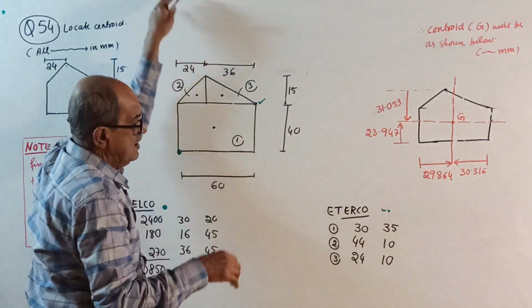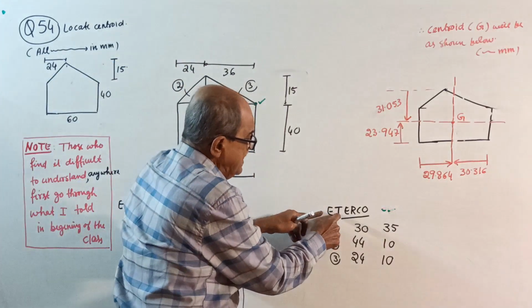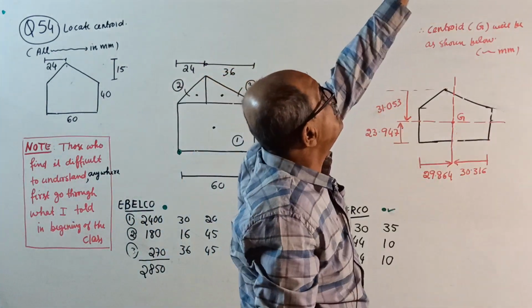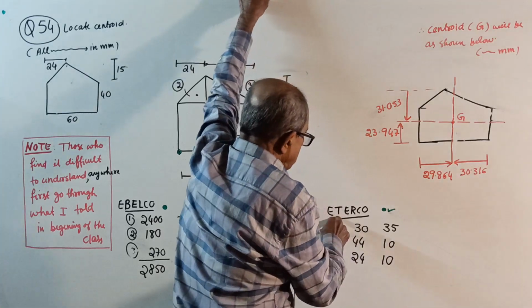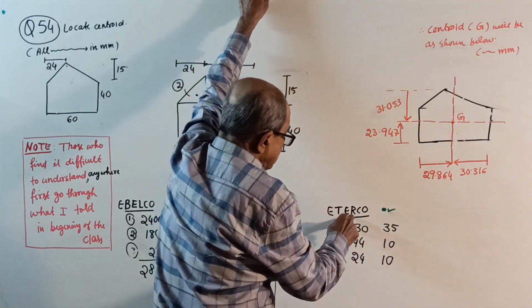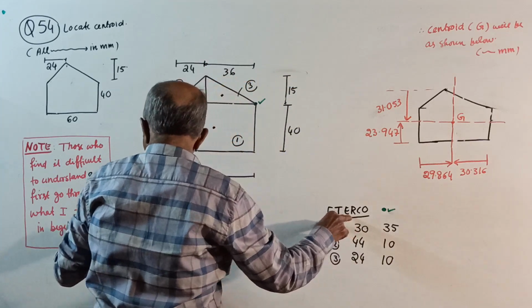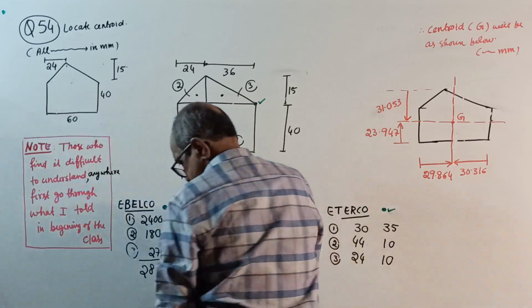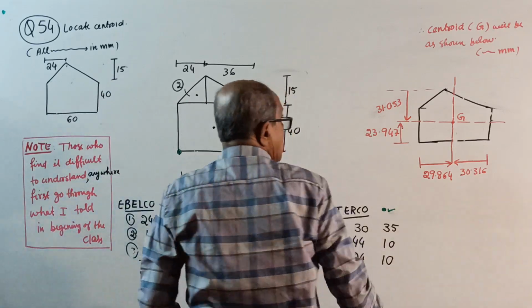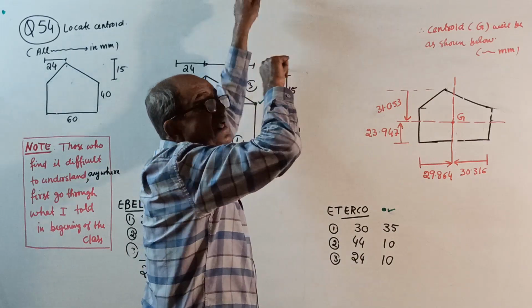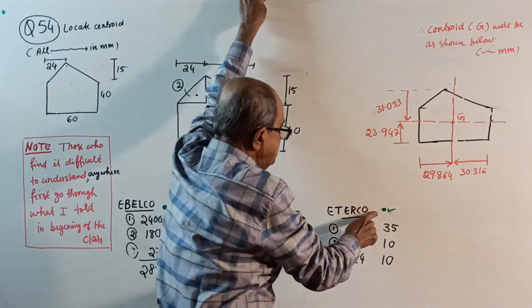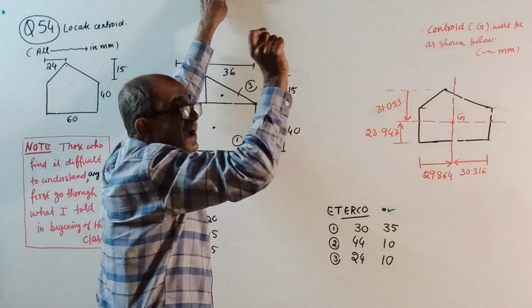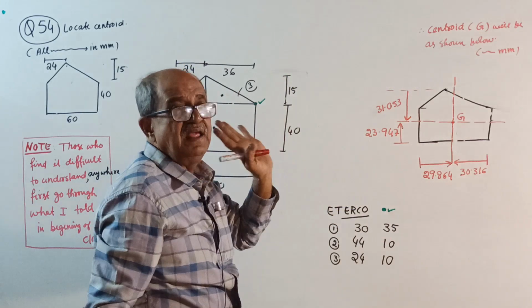Once you finish that one, take extreme right and extreme top as origin, with the green dot and the tick mark. Here extreme bottom, extreme left, this corner. Solve separately. Okay, start.